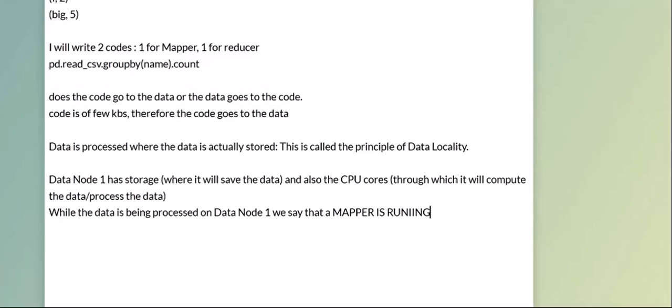I'm deliberately making it in caps in order to highlight it. What is a mapper? Mapper is a machine on which the data is stored. And when we say mapper is running, it means that the data is processed on that machine.